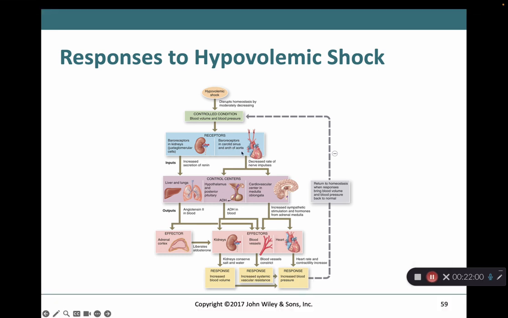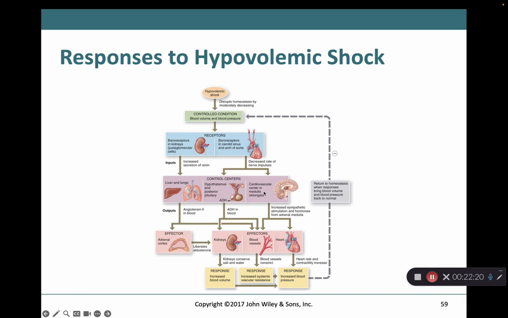Then we have our baroreceptors in the carotid sinus and arch of the aorta in the heart. When we see a decrease in the nerve impulses here, the hypothalamus and posterior pituitary will release ADH, which does the same 2 things in the kidneys and blood vessels as aldosterone.